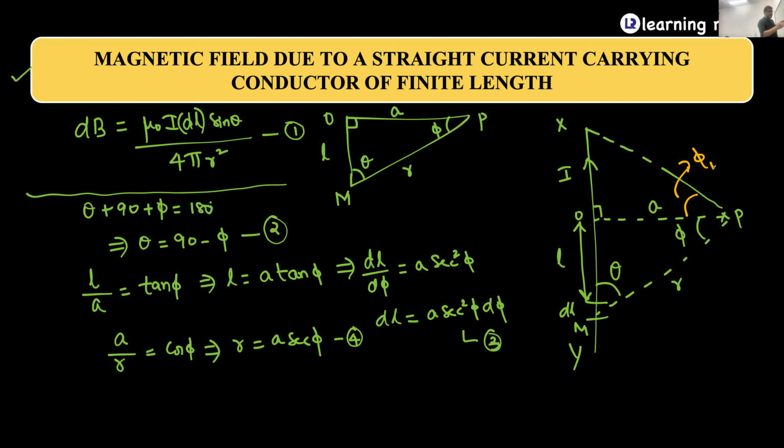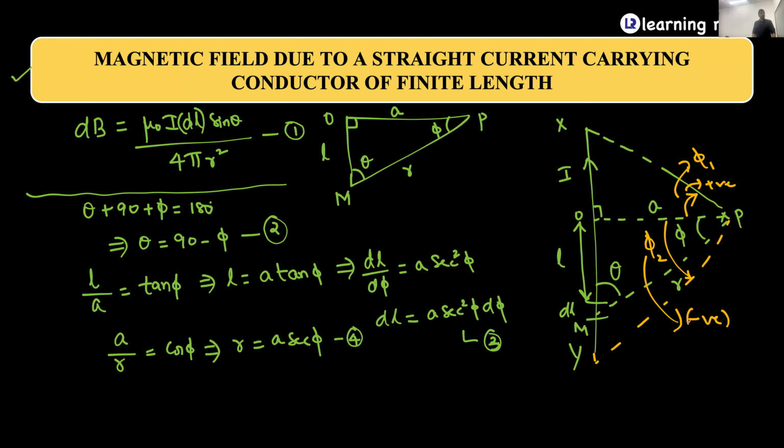Similarly, from the horizontal surface, if I join it to the bottom of this conductor, I will take this angle to be phi 2. Since phi 1 is going in the clockwise direction, we will take phi 1 as positive. And since phi 2 is going in the anti-clockwise direction, you will take phi 2 to be negative. So basically, I'm taking one to be positive and the other to be negative.